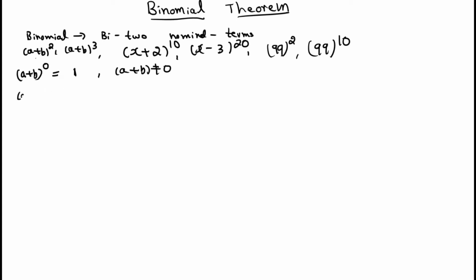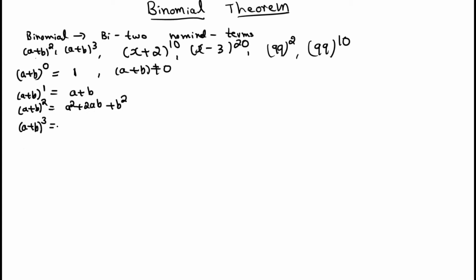Then I'm taking a plus b to the power 1. Its value is equal to a plus b. And next is a plus b whole square is equal to a square plus 2ab plus b square. We know the formula, right? Then write the formula for a plus b whole cube.